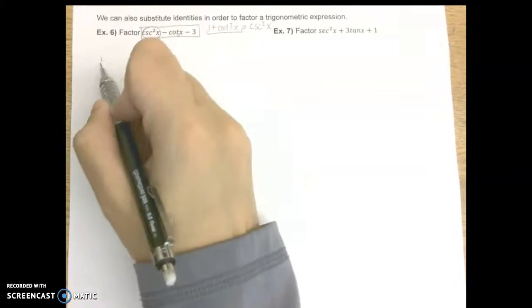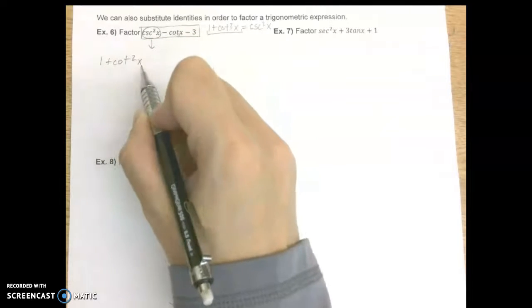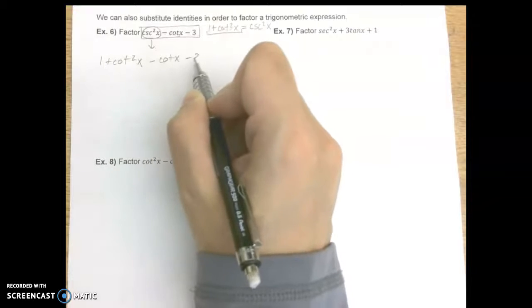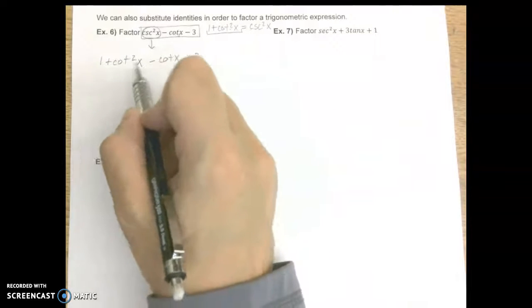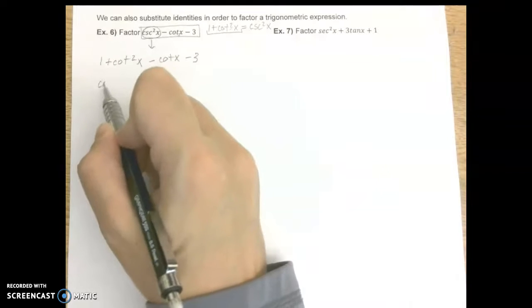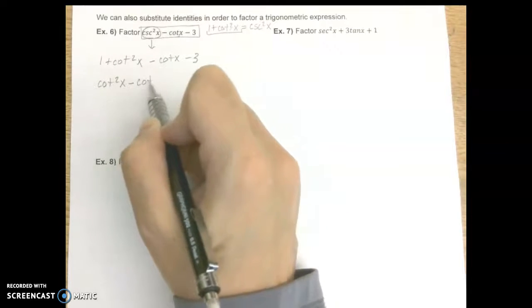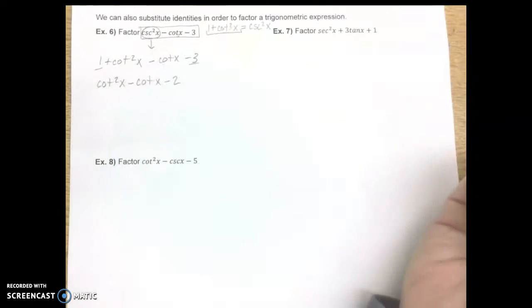So that's going to be 1 plus cotangent squared x minus cotangent x minus 3. Then I want to put it in standard form. So my squares lead, cotangent squared x minus cotangent x, and then combine your numbers to a negative 2.